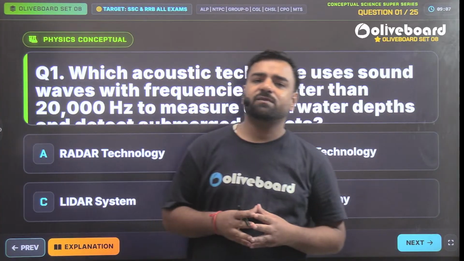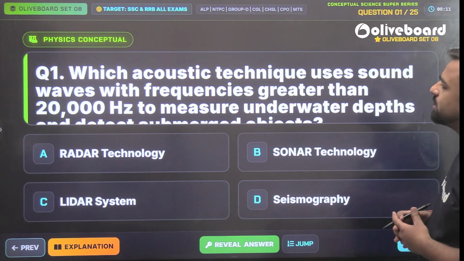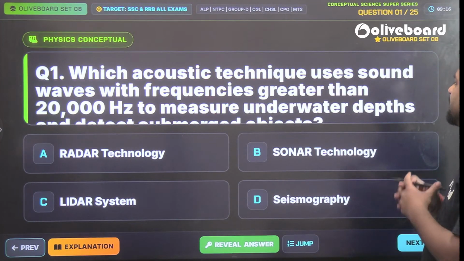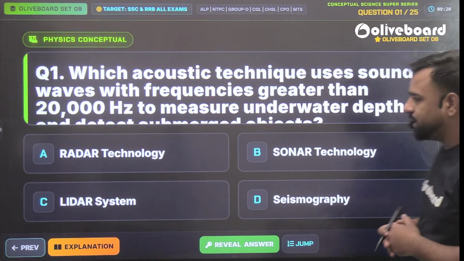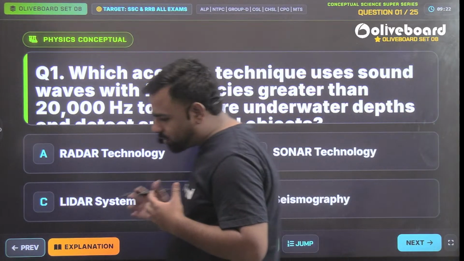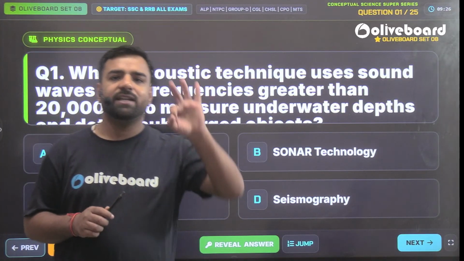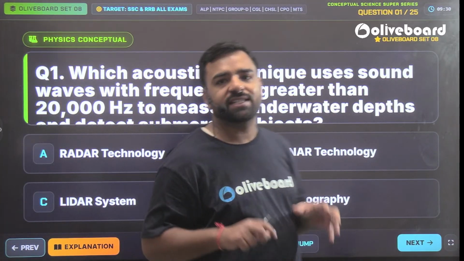The first question is: which acoustic technique uses sound waves with frequencies greater than 20,000 hertz to measure underwater depths and detect submerged objects? If we're talking about the frequency range, it varies into three parts. The first one is lesser than 20 hertz, that is known as infrasonic.